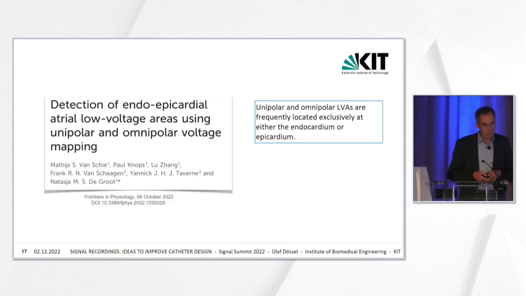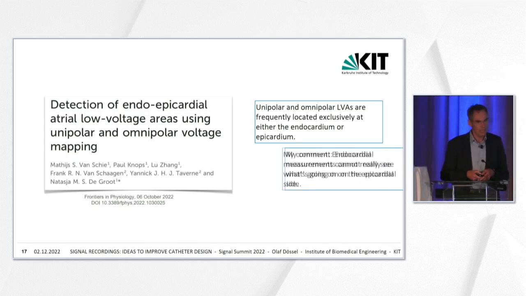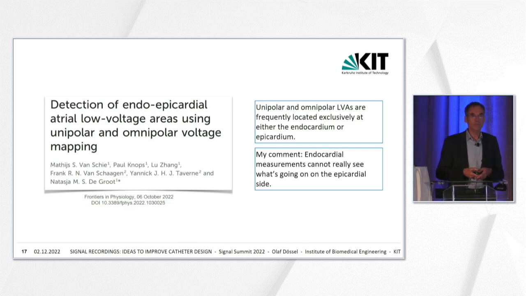And the main message was different from what I want to tell you. The main message was unipolar and omnipolar low voltage areas are frequently located exclusively at either the endocardium or epicardium, so mismatch. My comment is endocardial measurements cannot really see what's going on the epicardial side.